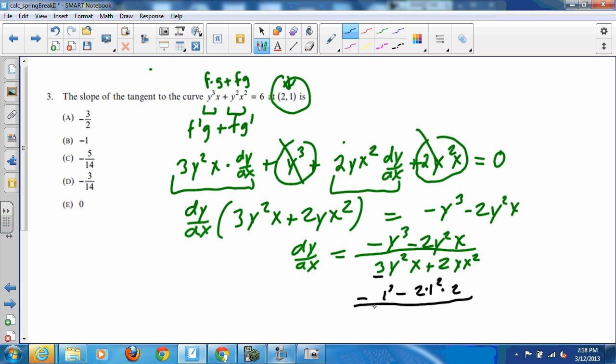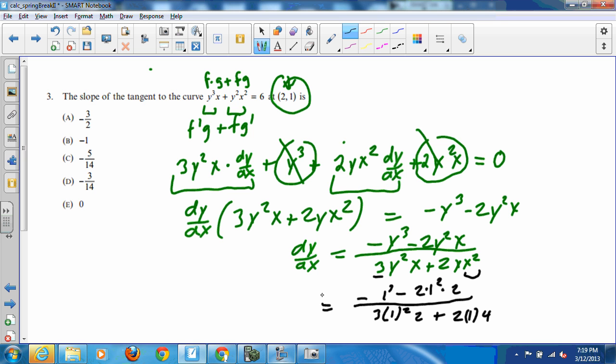And in the denominator we have 3 times 1 squared times x, which is 2, plus 2y. So we have 2 times 1 times x squared, which is 4.